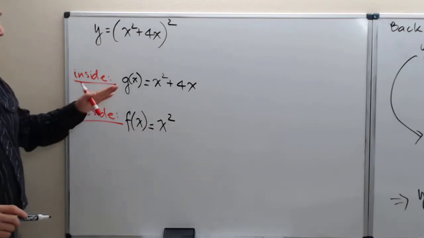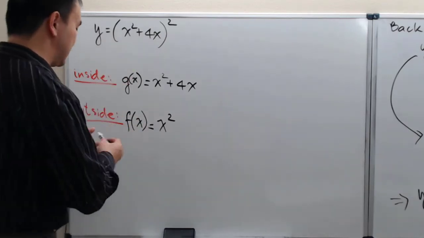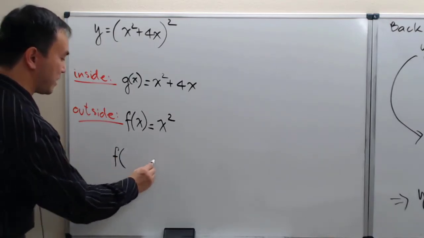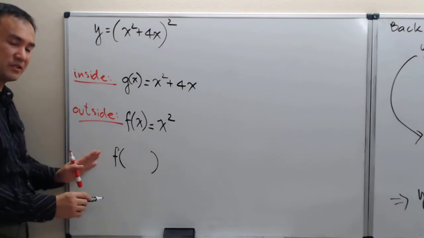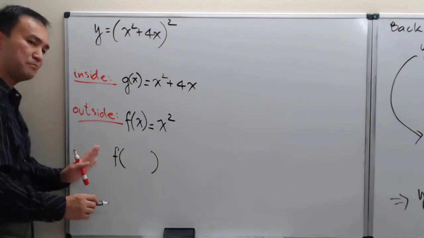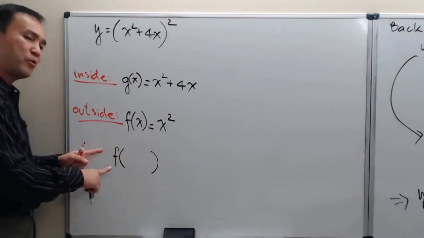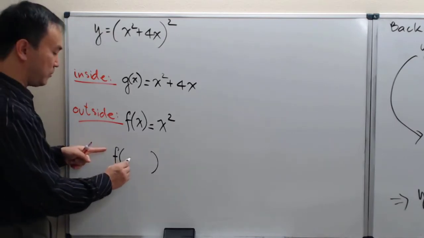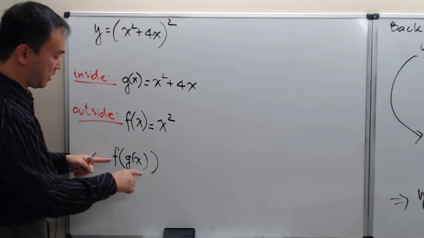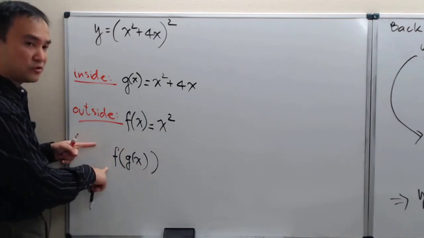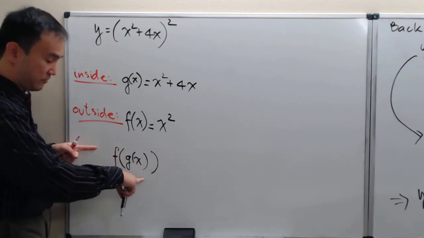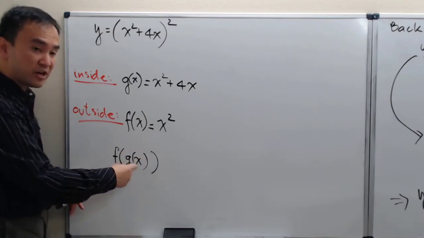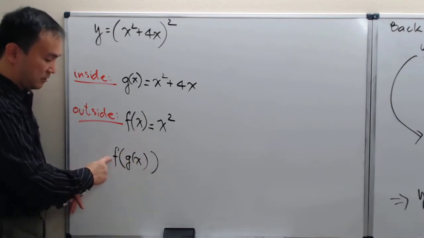Okay? But now the concept of inside and outside. People who came to this class must have done some algebra, some pre-calculus, and in your pre-calculus course, this idea was introduced. But we're putting g inside. This is the composition of f and g right here. We are putting the function g to substitute for the expression for the x variable in our function f.